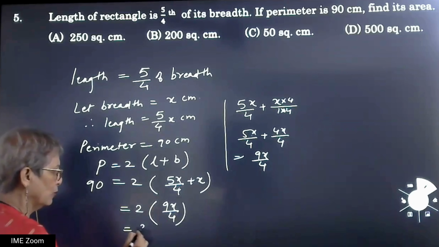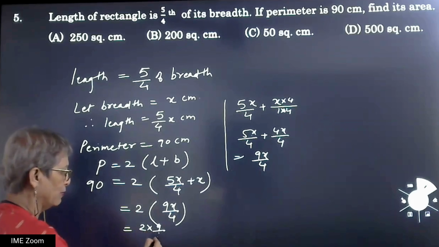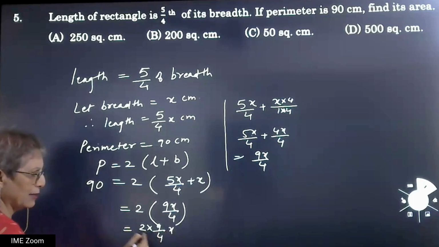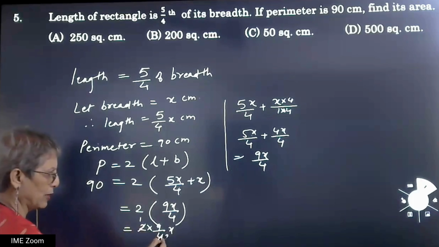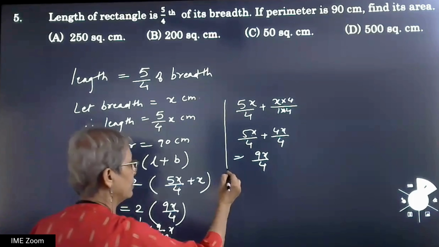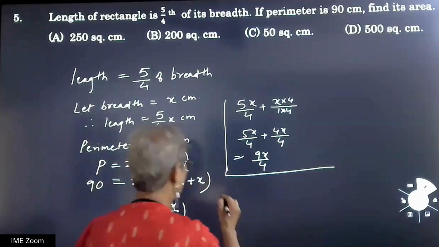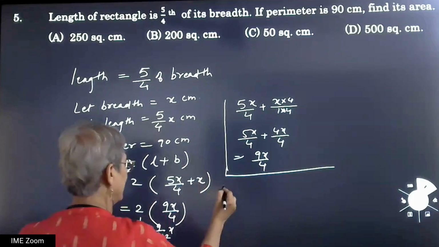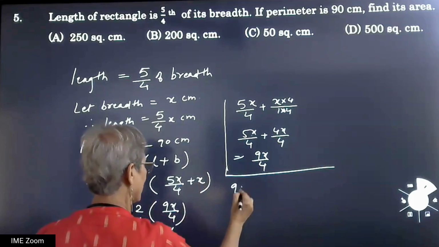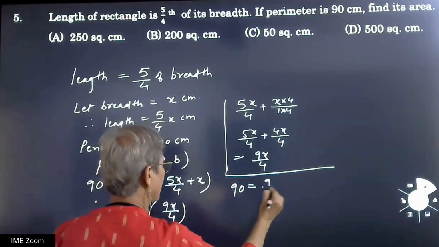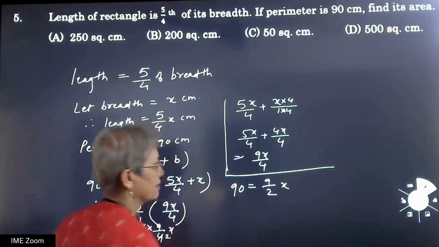Okay. Now 2 into 9 upon 4x. We can cancel these two. 2 ones are, 2 twos are. And therefore finally what we got? 90 is equal to 9 upon 2x.